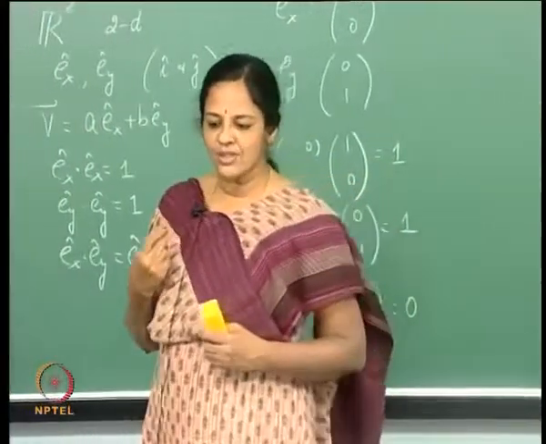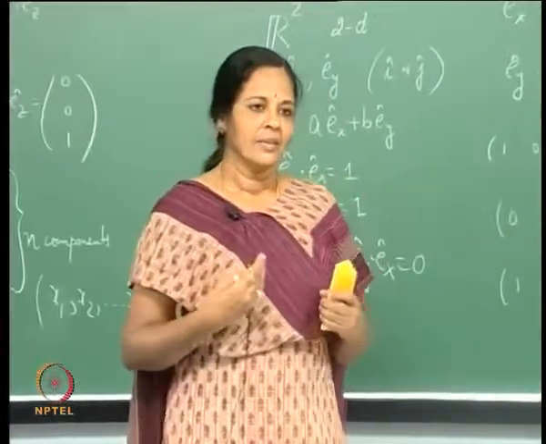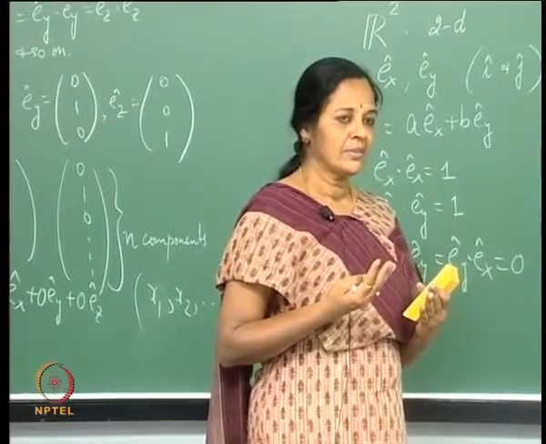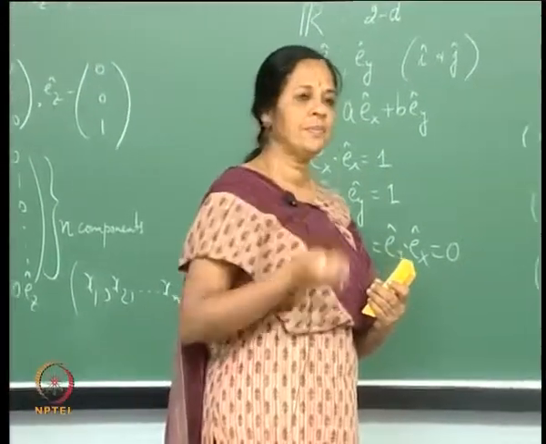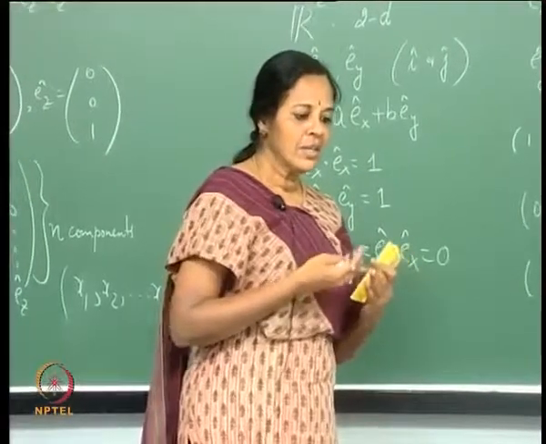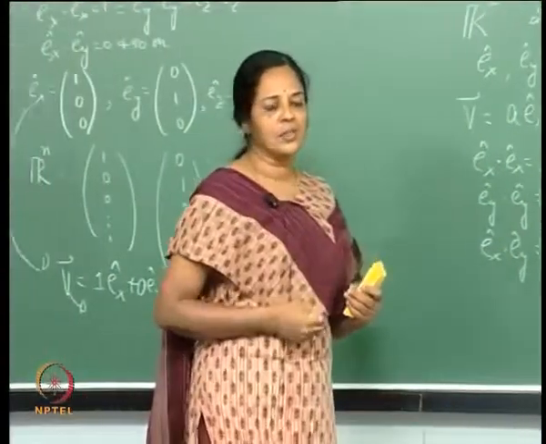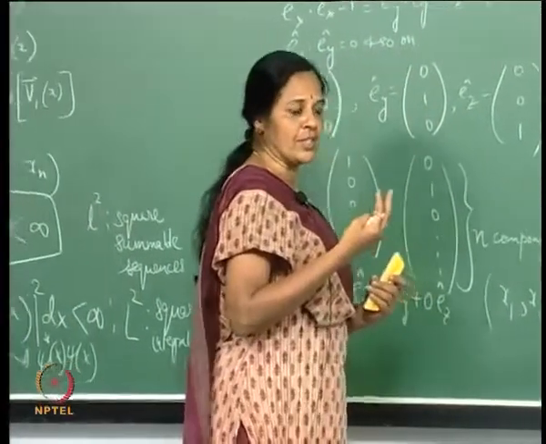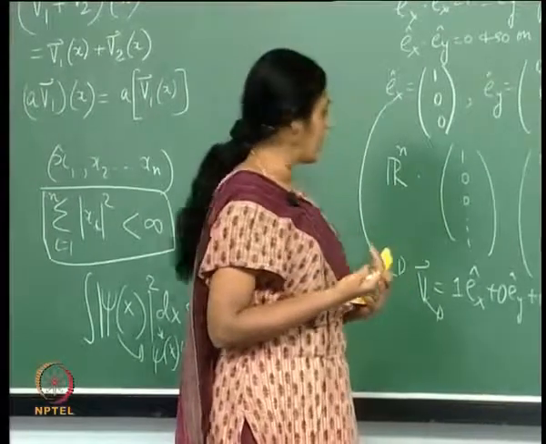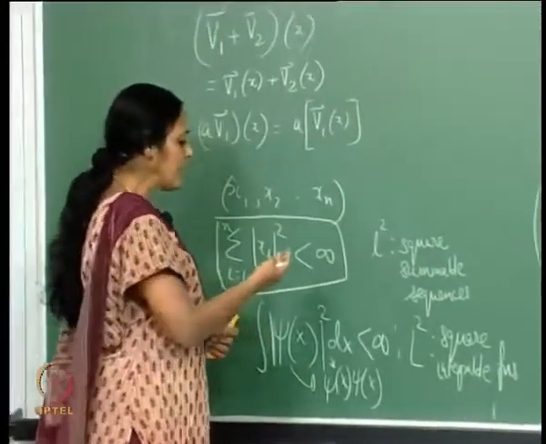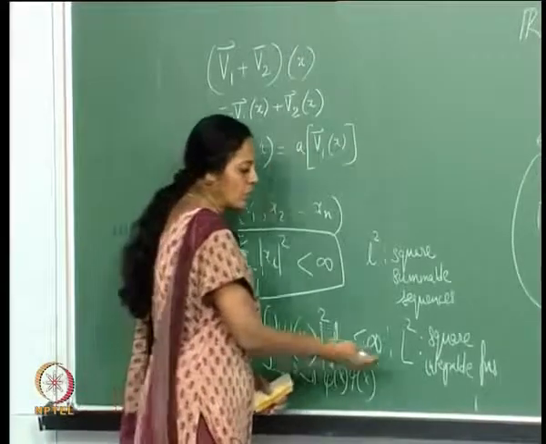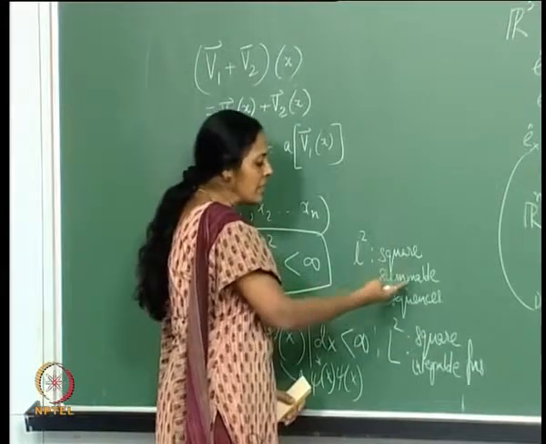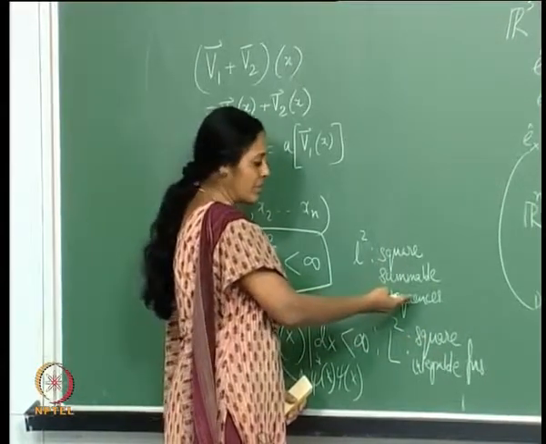So the first thing one understands is this, that a state in a linear vector space need not be a column, it need not be a set of n-tuples of real entries. It could be one of a variety of things. That particular linear vector space could even be a function space. In particular, it could be the space of square integrable functions, or a space of square summable sequences.